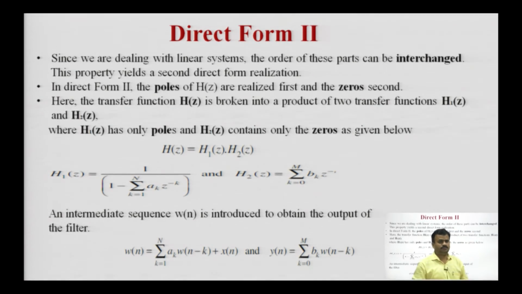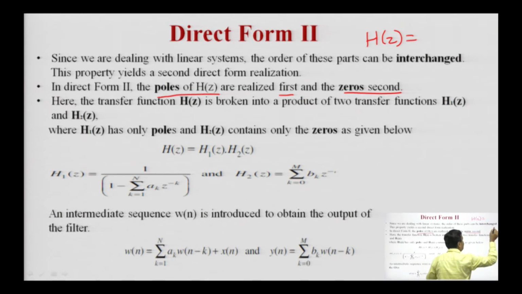So, these are the direct form 1 and direct form 2. In direct form 2, poles of H(z) are realized first and after that the zeros will be realized. What is the meaning of this? What is the meaning of this? It means what? H(z) is given to you in direct form and H(z) always in H(z).